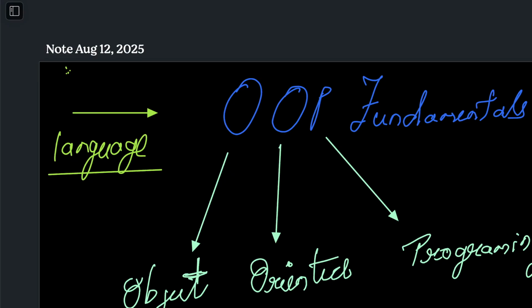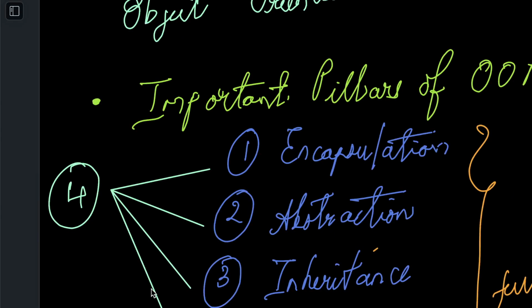It's very easy to write code in Python, right? It's not that challenging. Okay, so basically we have seen two pillars: encapsulation and abstraction.